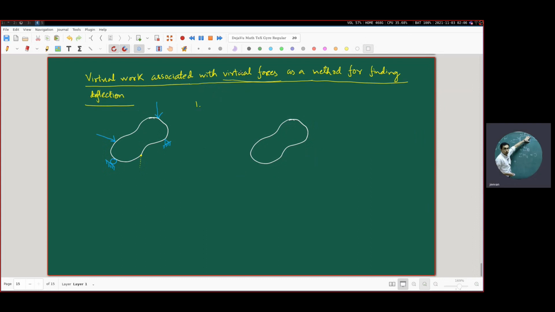So we consider the unloaded body, and we apply a virtual force of unit magnitude along this direction.